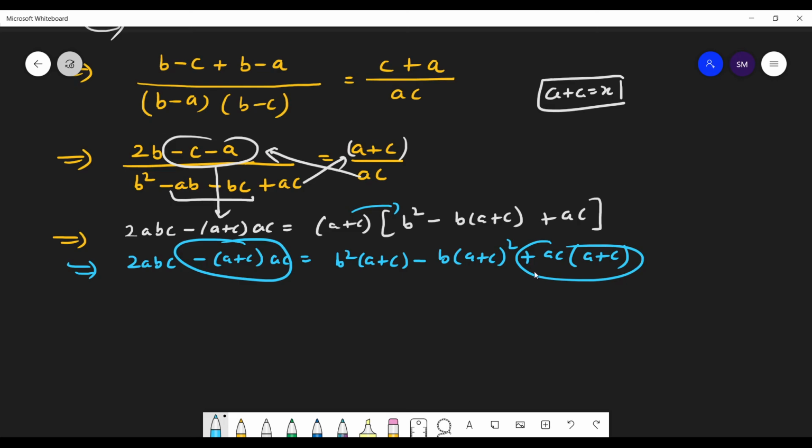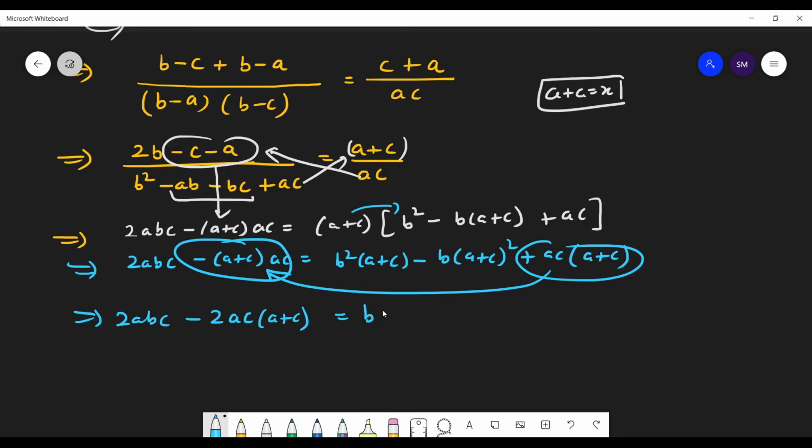So you can take this term to the left side. So 2abc minus 2ac into a plus c, that's equals to.